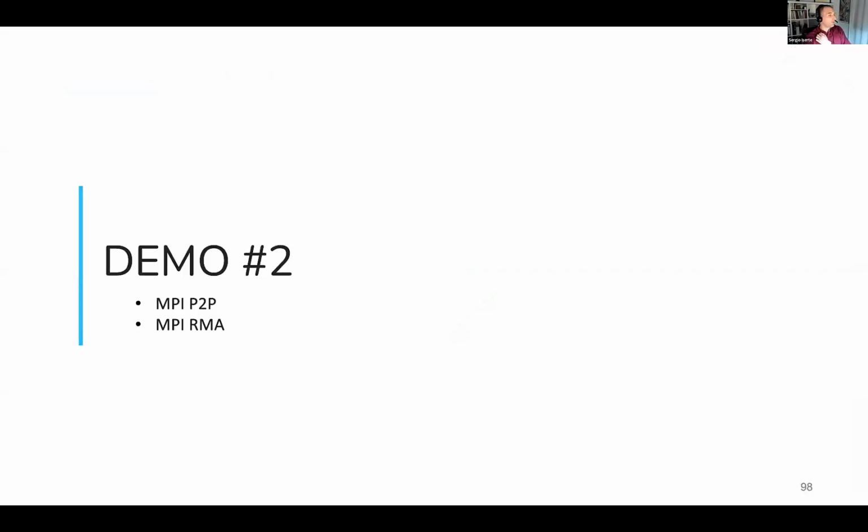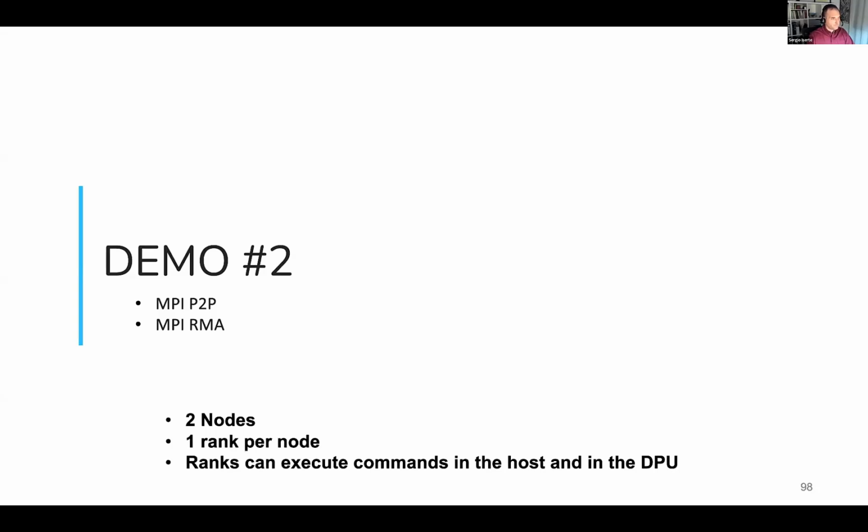So in this second demo, we'll see how we can offload MPI communication with OMPC. We are assuming in all the examples that we have 2 nodes, 1 rank per node, and have in mind that ranks can execute commands in the host and in the DPU.